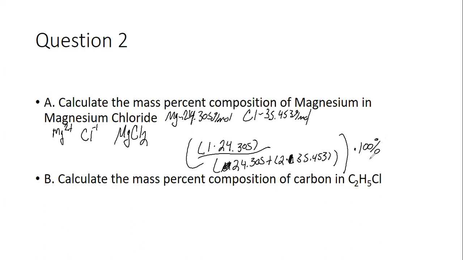And so when doing that, I find that the weight of magnesium in magnesium chloride is 25.528%. So a quarter of the weight of this compound is due to magnesium.